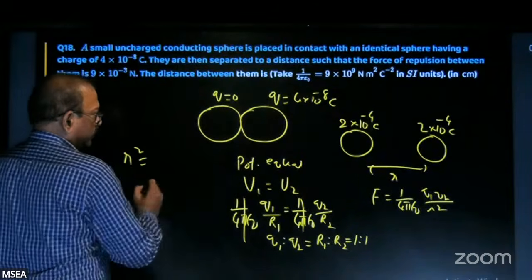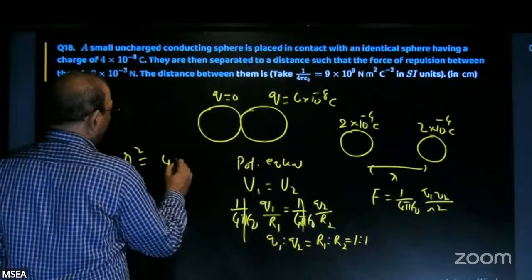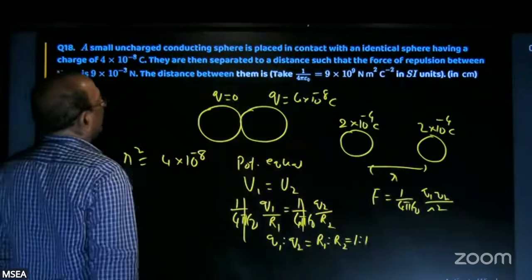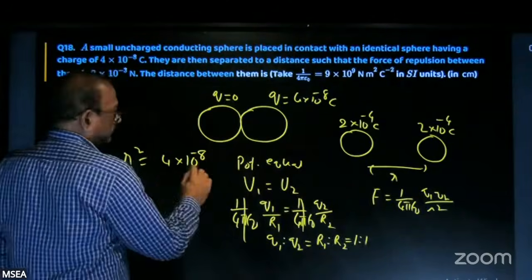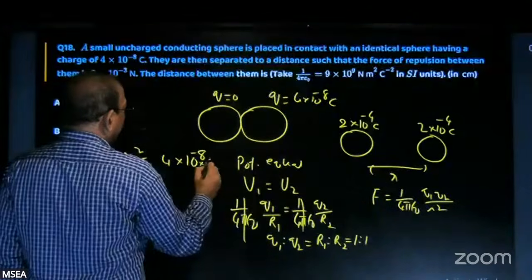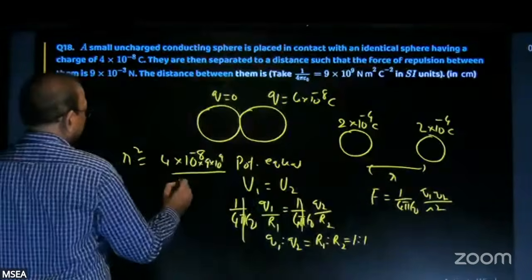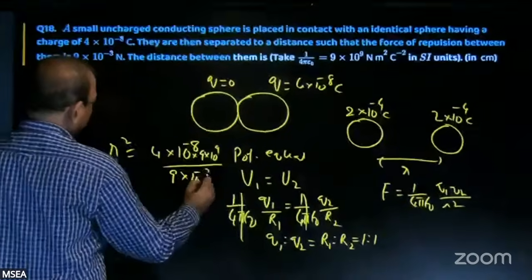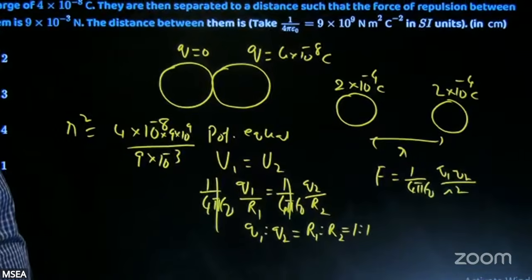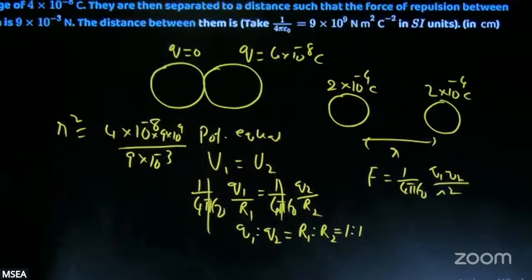R square is equal to q1 q2, both are the same, 2 into 2, 4, 10 power minus 4, 10 power minus 4, 10 power minus 8, times 1 by 4 pi epsilon naught, 9 into 10 power 9, divided by this F, 9 into 10 power minus 3, given. From this find r. 4 is there, 2 you will get. First option.